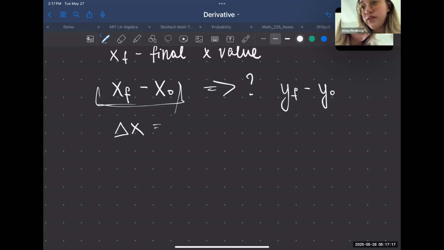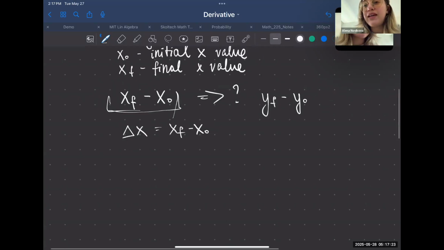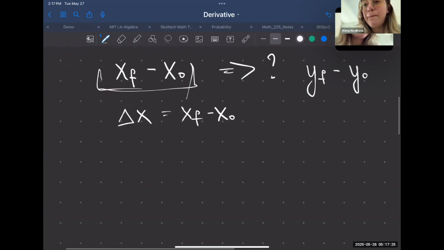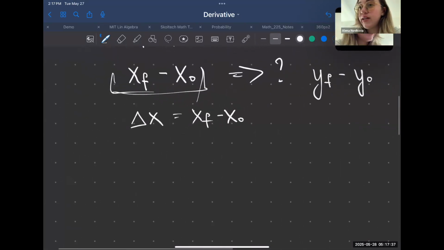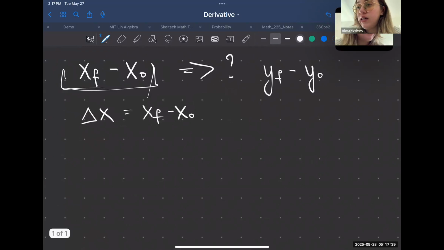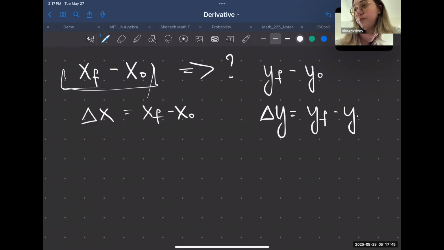So delta x is literally x final minus x initial. And this big delta is a convention to express the difference between the final value and the initial value, right? So we have delta x and we have delta y, which is y final minus y initial.